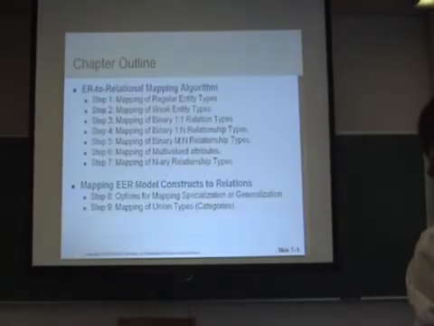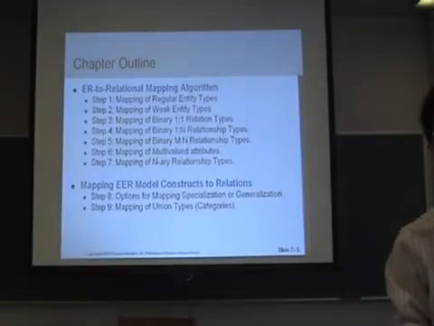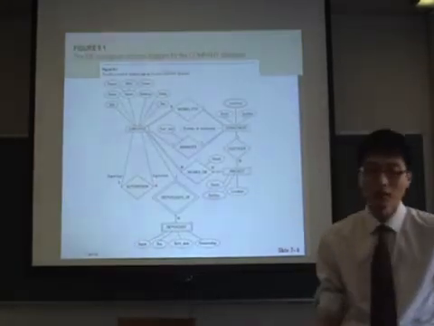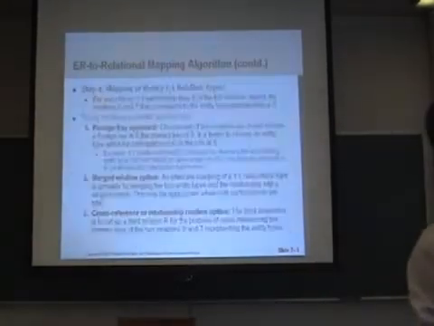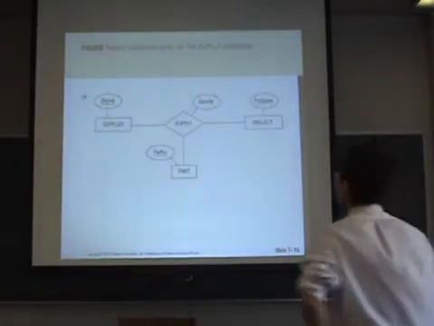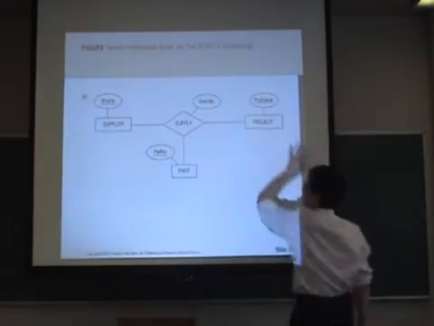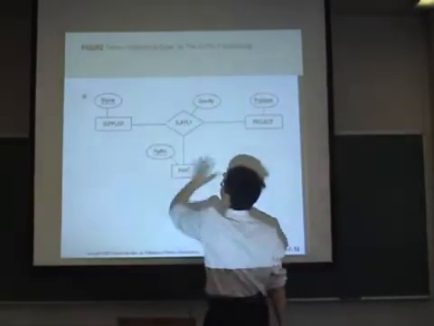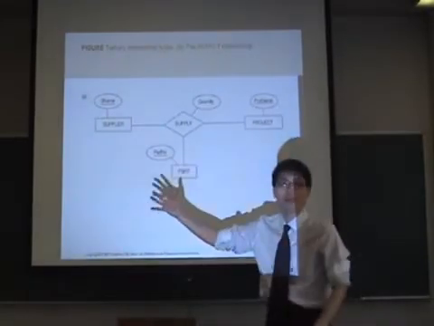The last step is for the ternary relationship. We do not have a ternary relationship in the company database. Instead, we took a look at this example: the supplier supplies the part to the project. If you consider binary, that's different from a ternary relationship.